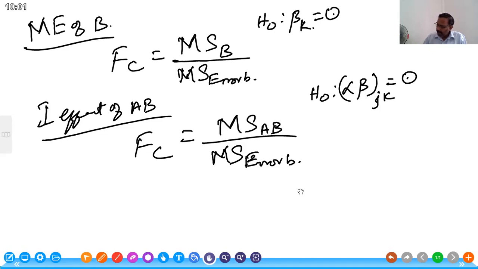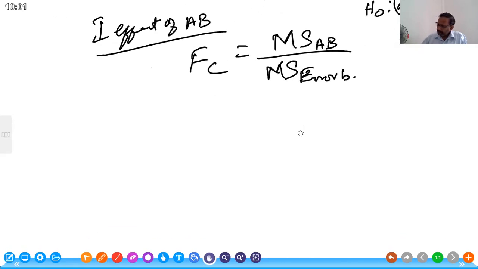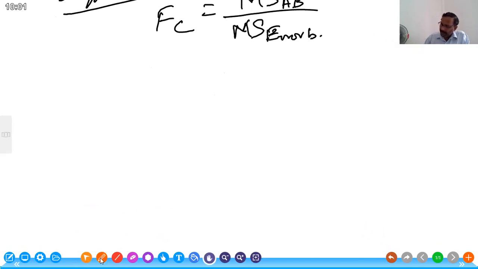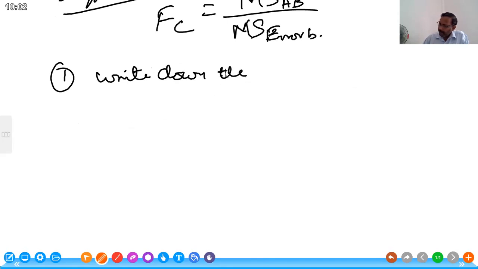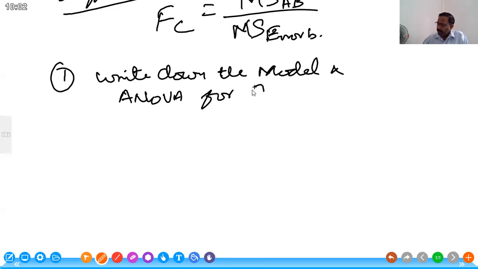Right, we have a few homeworks. First homework is to write down the model and ANOVA for split plot design.